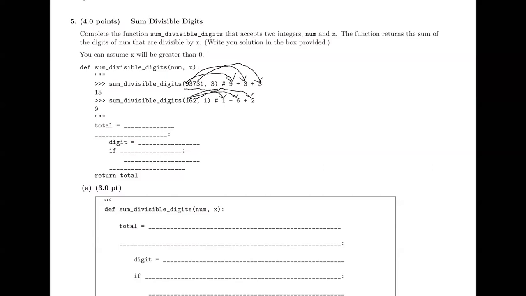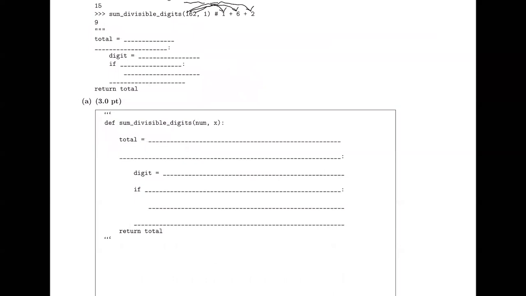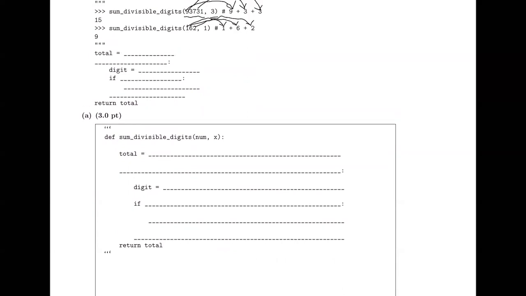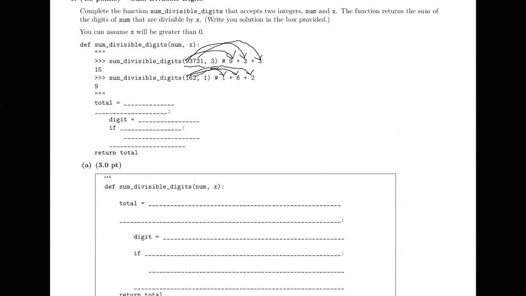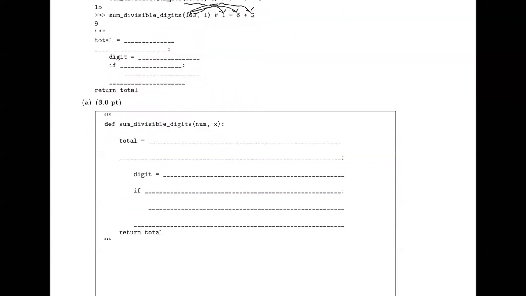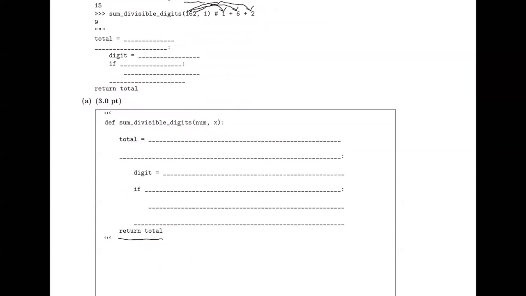Looking at the problem, we are given this sum divisible digits skeleton code. We have a couple of blanks. Let's think about what we can do to fill in these blanks. We're given this total variable here, which is currently set to nothing, and at the end, we're returning total. My plan is that we're going to keep adding to total, and at the end, we'll return whatever total is.